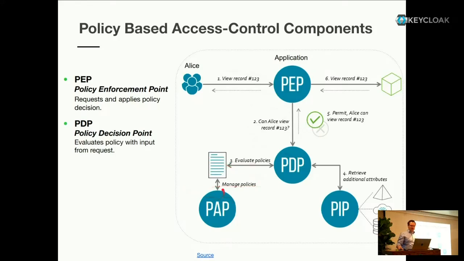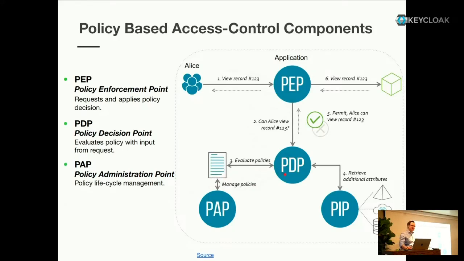These policies are usually managed through a policy administration point, a component that manages policies, maybe with some kind of versioning concept around it, and that can provide policy data to the policy decision point.